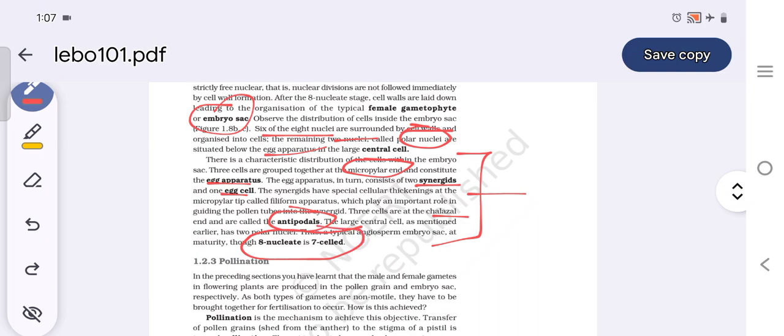The embryo sac would have 8 nuclei, but it is only 7 celled since you have a large central cell with 2 nuclei. So the 2 polar nuclei make up the central cell. How many cells in total? 7 cells. How many nuclei in total? 8 nuclei.